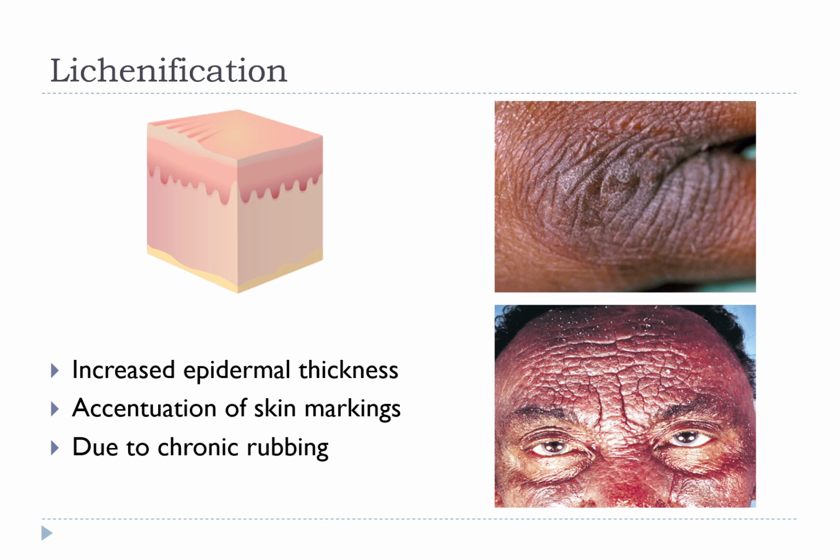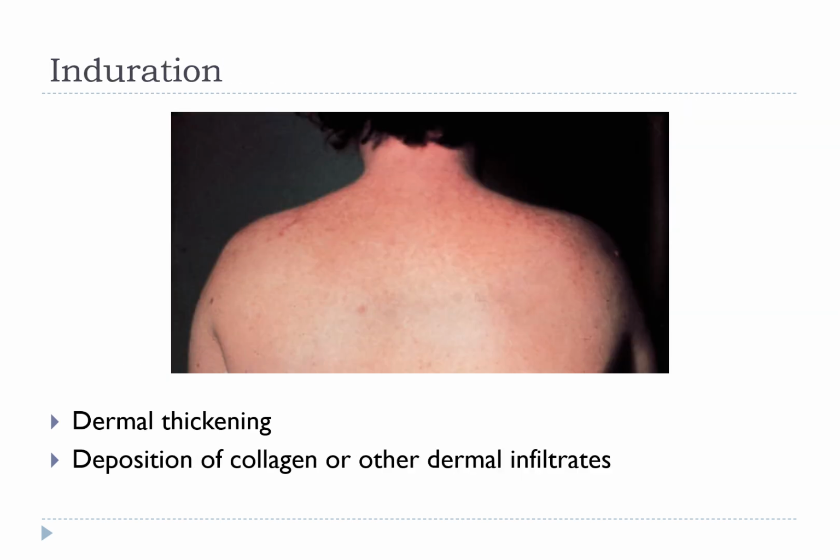Lichenification is thickening of the skin with prominent skin markings, often due to repeated chronic rubbing, as with chronic dermatitis. Induration is dermal thickening produced by excessive deposition of collagen or by dermal infiltrative process. Palpation is crucial to appreciate induration, as it may not be evident by visual inspection alone.